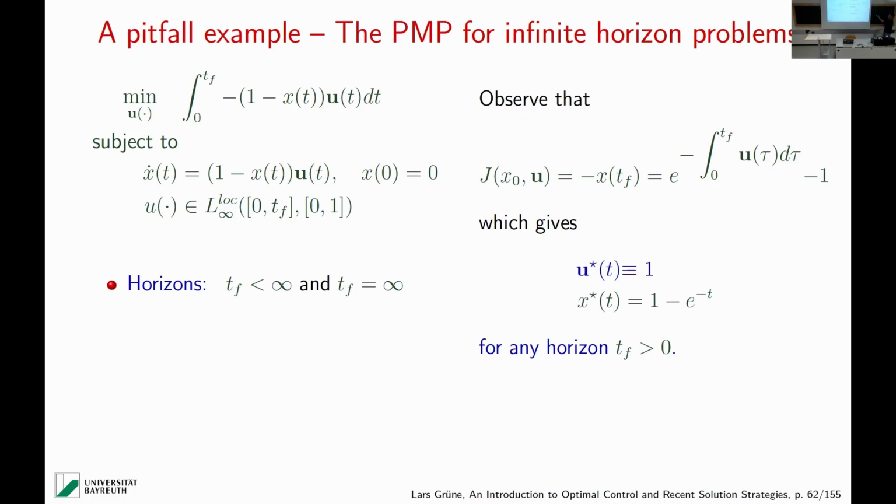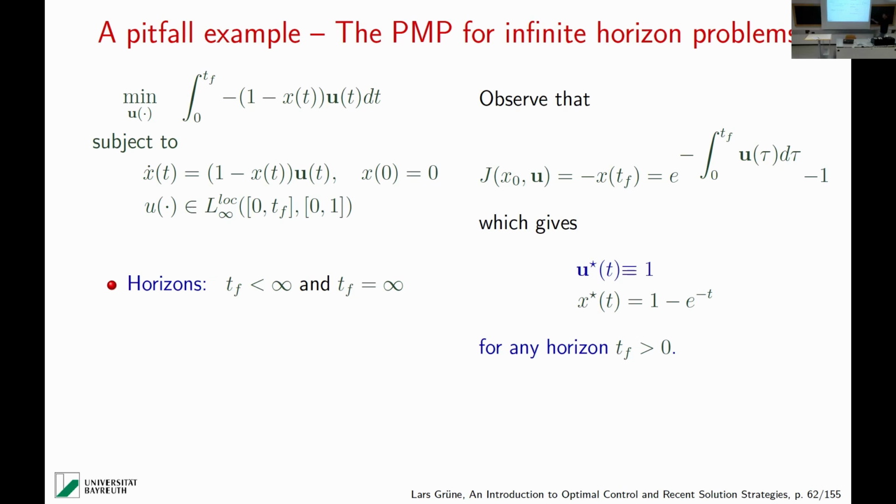And if you want to minimize that, you have to minimize that expression, which means that you have to maximize the integrand here, right? And maximizing the integrand, if u is allowed to be between 0 and 1, is of course achieved when u gets as large as possible, so u constant equal to 1. This would be the optimal control. So very easy to see.